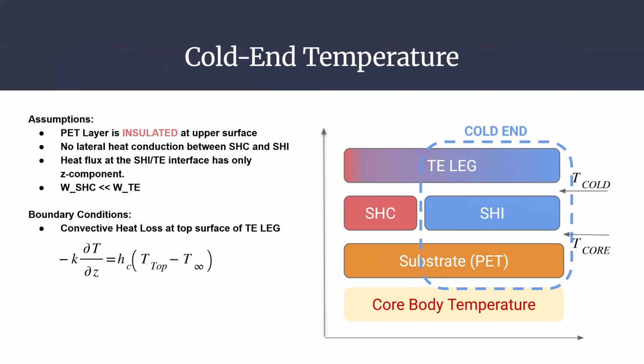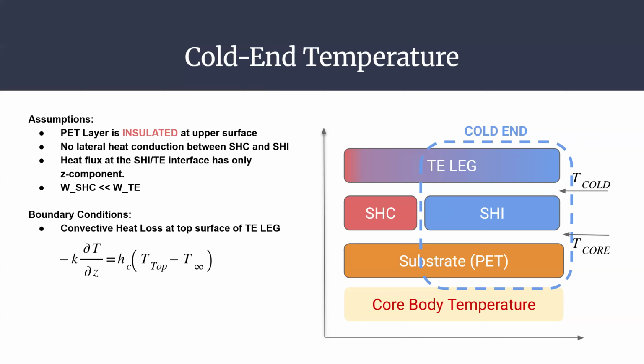All right, so the next step that we went through is to figure out the cold end temperature. In order to figure out the cold end temperature, we also made a list of assumptions to simplify the simulation and improve the computational efficiency.